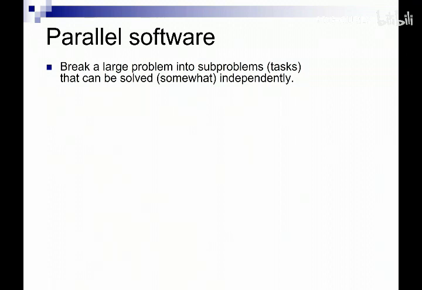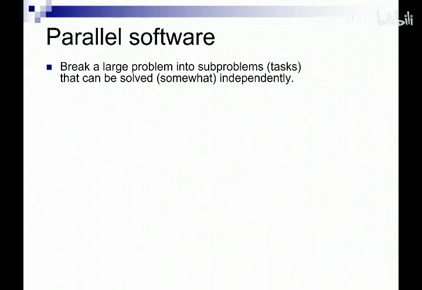Then we'll assign different processors to solve each of those different subproblems. The subproblems should be somewhat independent of each other, in the sense that we can work on multiple ones of these problems at the same time. That's what independence means.